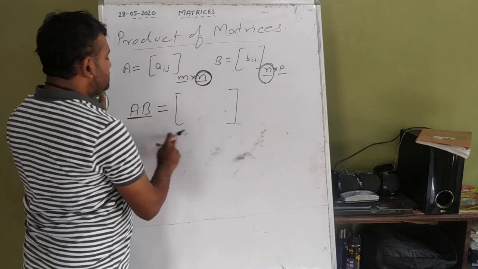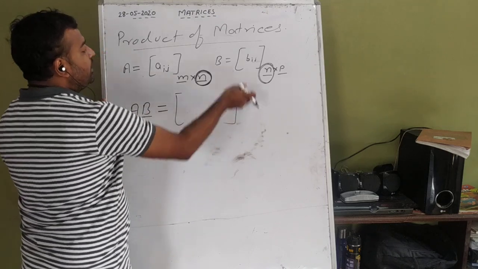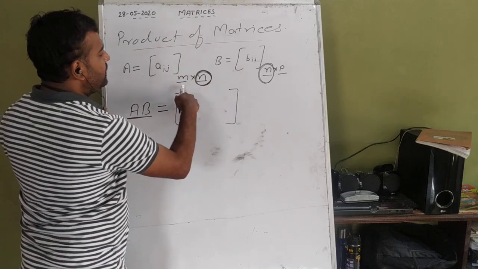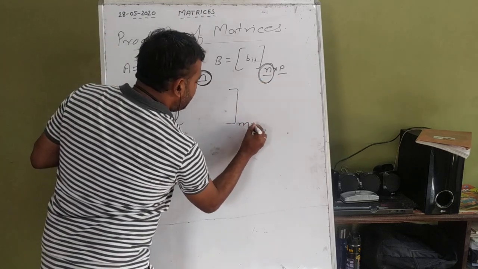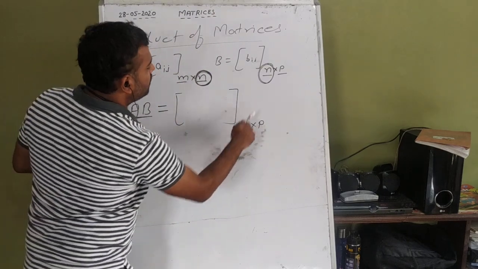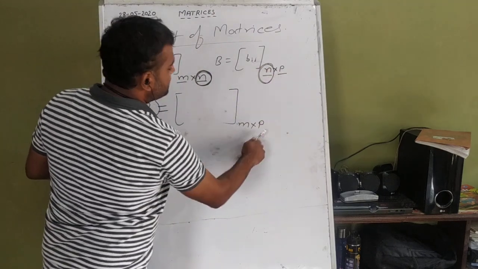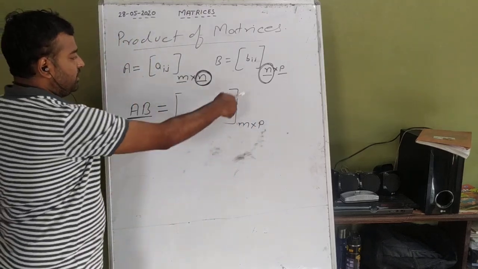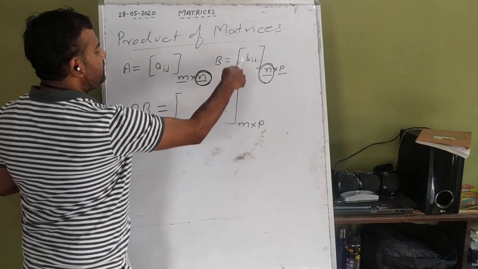Now in this case, what will be the resultant of this AB? The resultant of AB is given by m by p. It means the row of the first matrix by the column of the second matrix.